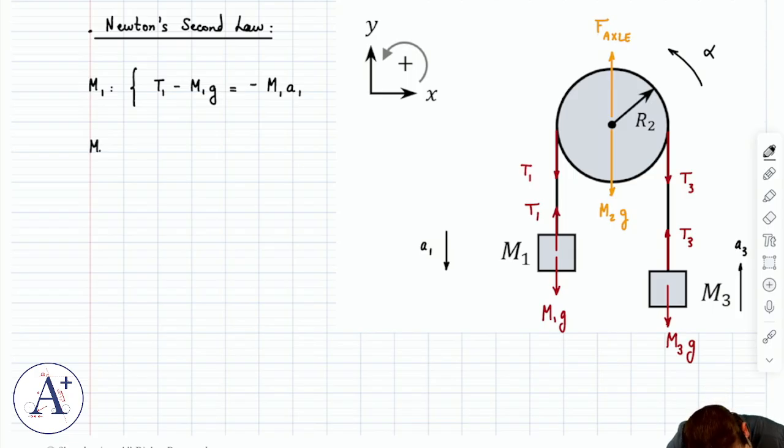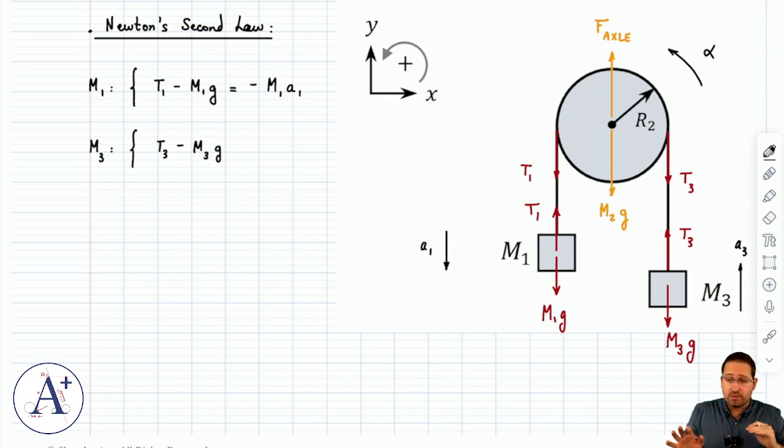M2, if I write F net equals ma, well, up is positive, so it's going to be T3. If I said M2, I meant M3. T3 minus M3, so hold on. Sorry. We're doing the blocks. We're doing the linear motion. So we're doing M1 and M3.